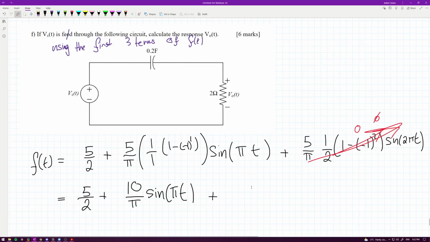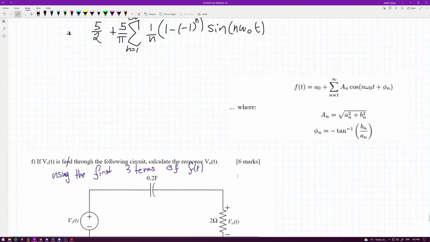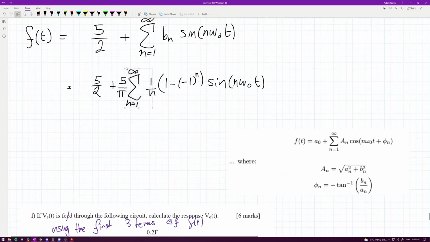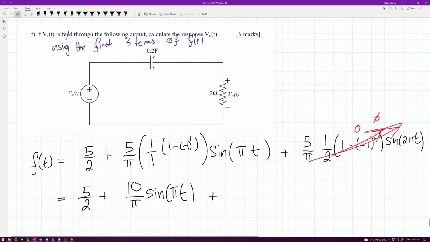You don't have to do that. But if you want to include only the non-zero terms in your series, you want the index variable to be odd numbers, 1, 3, 5. And 2k plus 1 is odd for any integer k you choose. But you don't have to do that.